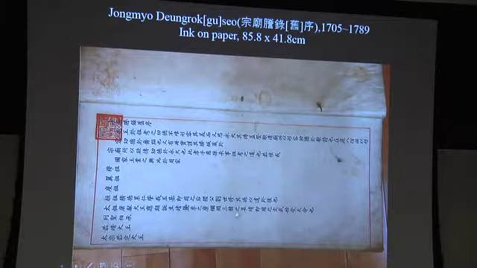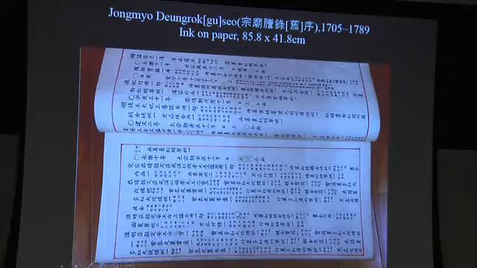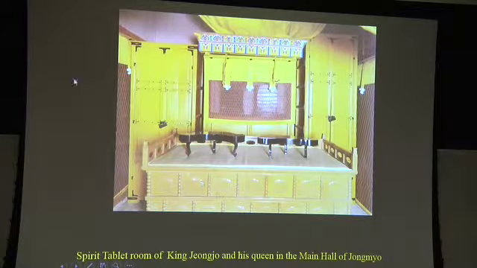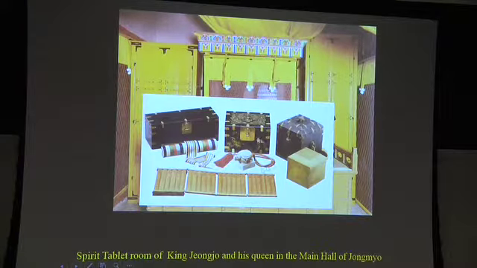But it has all the things about what is in these cabinets in each of the 19 spirit tablet rooms in Chongmyo. So in this cabinet, you can find these treasures.